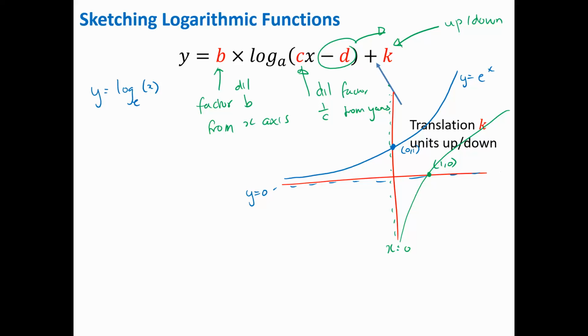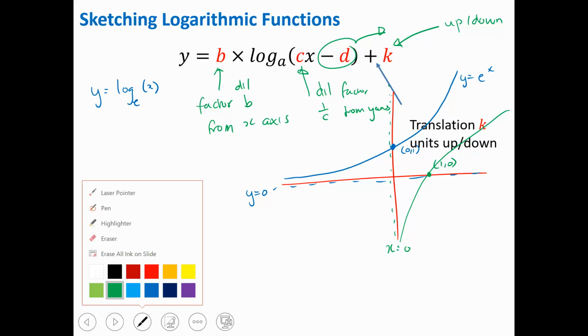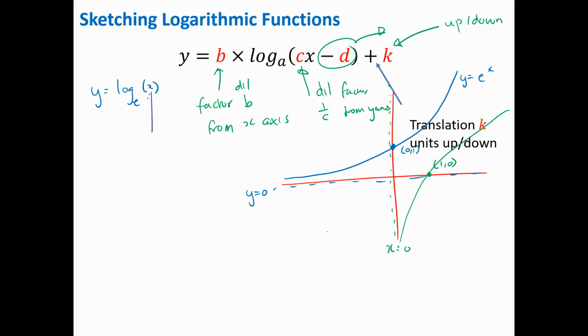So just to spell it out so you can see what I just did, this is your original x. That's your original x there. You're now replacing that with cx minus d. So really you're saying the new x is equivalent to the old x multiplied by c minus d.